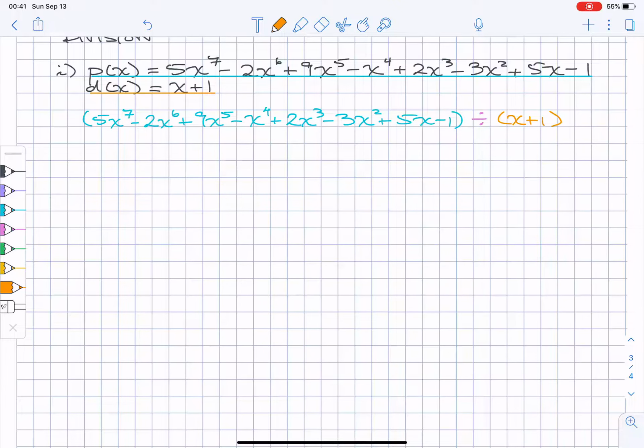Before we go any farther, note that x equals negative 1 is the root.